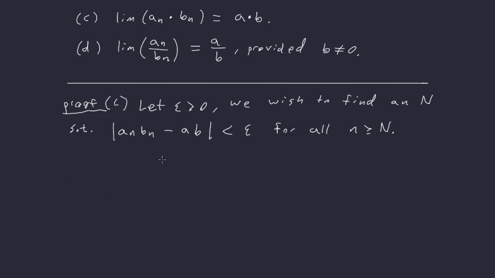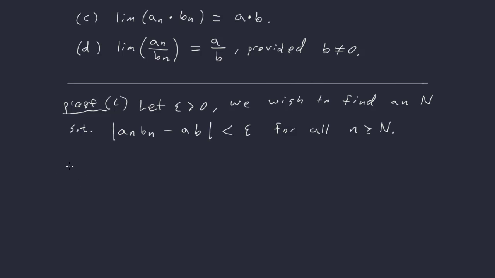Okay, so first of all, what I'm going to do is I'm going to use that funky version of 0. I'm going to find something to add and subtract on the inside here. There are a couple ways we could do this, but I'm going to add and subtract the same thing.